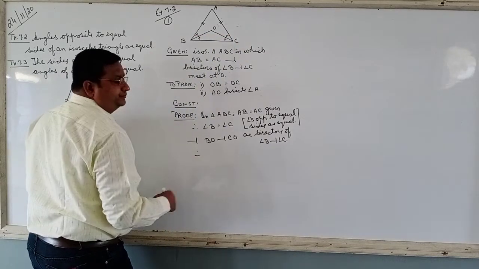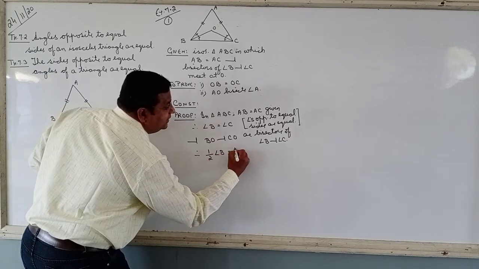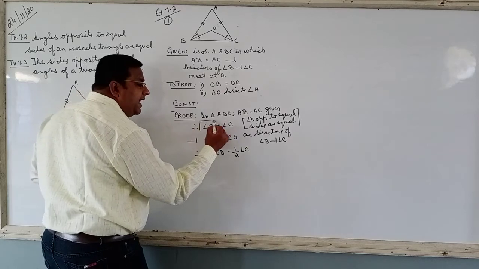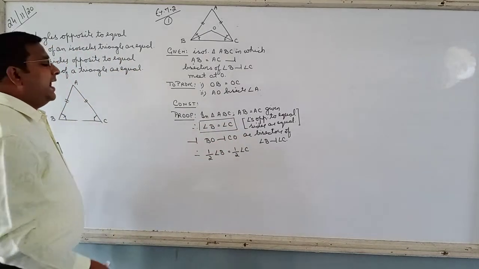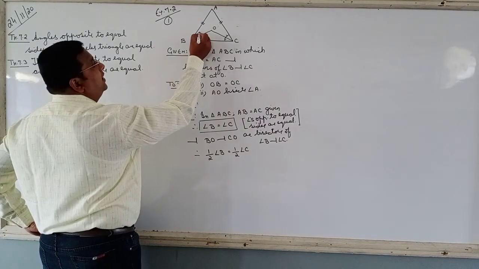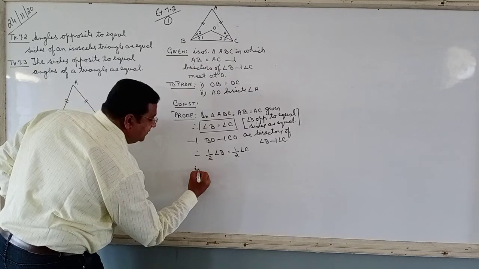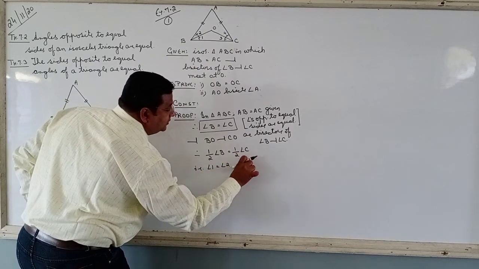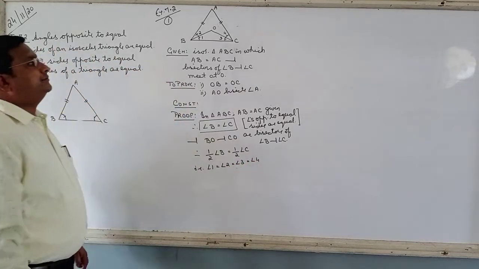So therefore, half of angle B is equal to half of angle C, because the complete angles are equal, so their halves are also equal. I number the angles 1, 2, 3, 4. That is, angle 1 is equal to angle 2 is equal to angle 3 is equal to angle 4.